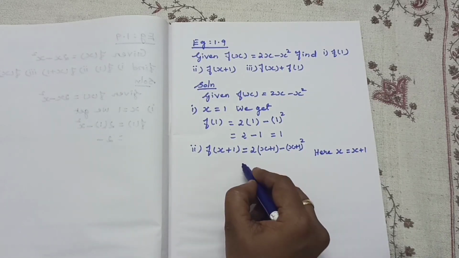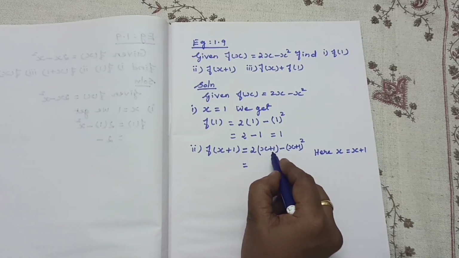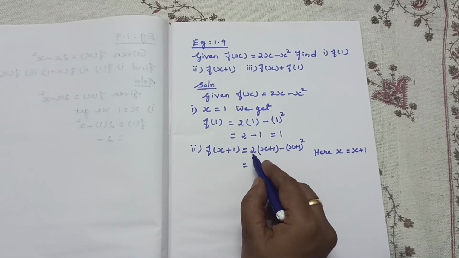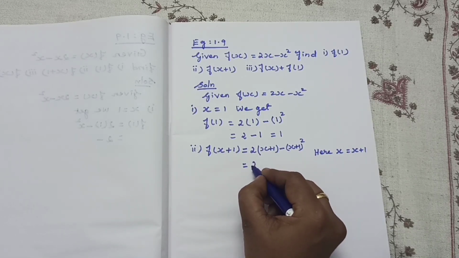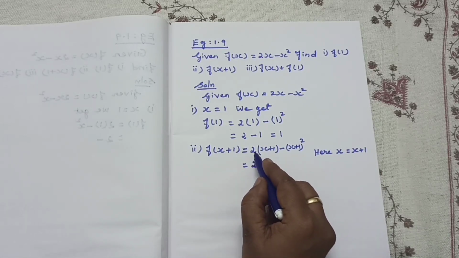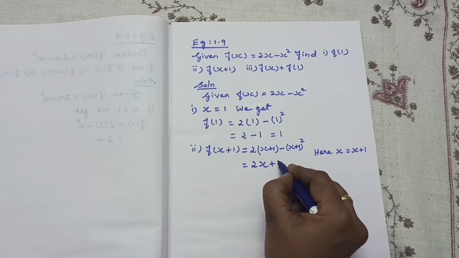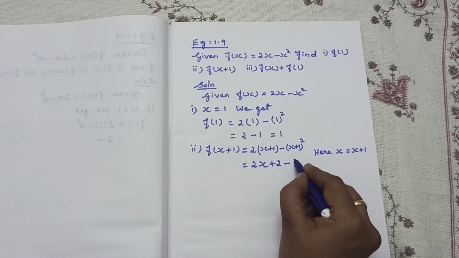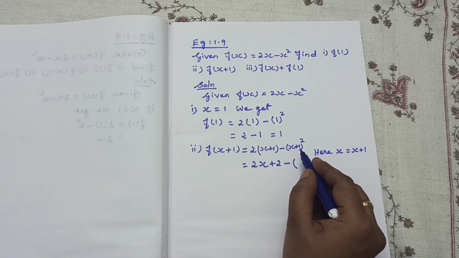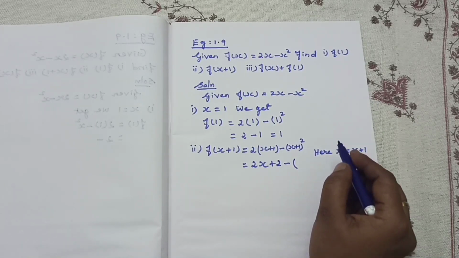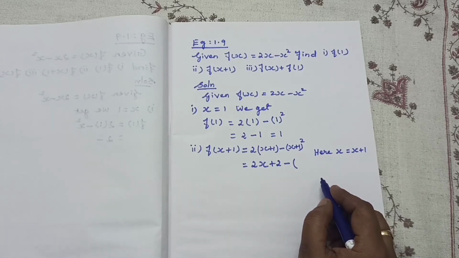Correct? And equal to, this 2 we have to multiply inside. Okay? Remove the brackets. 2 into x is 2x. 2 into 1 is 2, isn't it? Plus 2 minus of, this is of the form a plus b the whole square, isn't it? You see? A plus b the whole square, what's the formula?